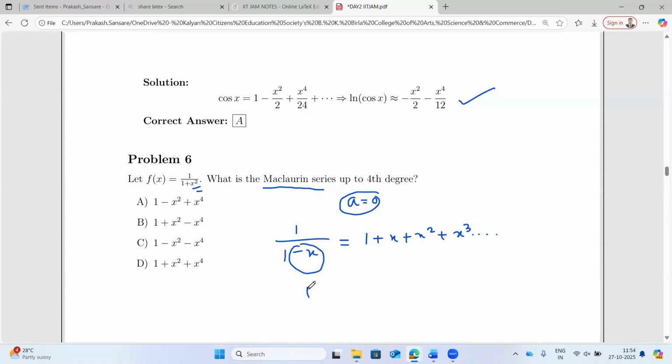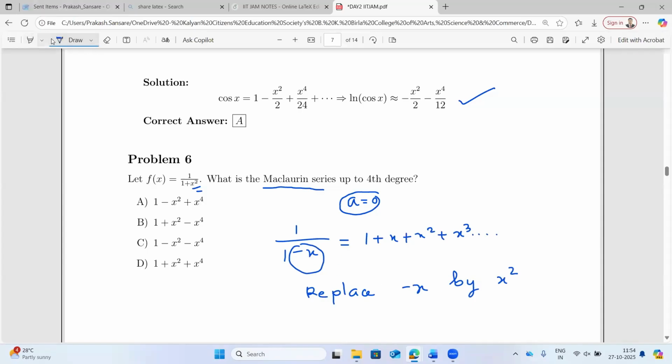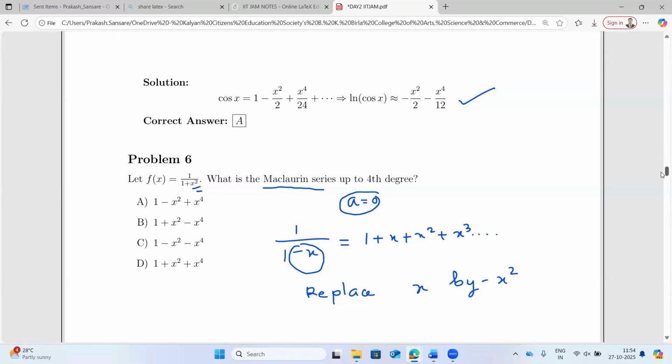So replace minus x by x square in this. Or maybe x by minus x square, right?